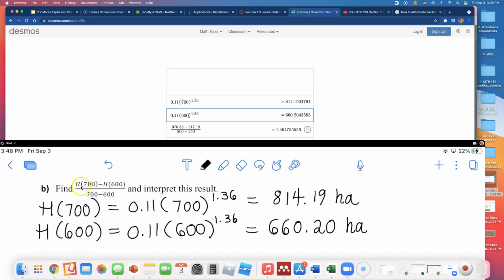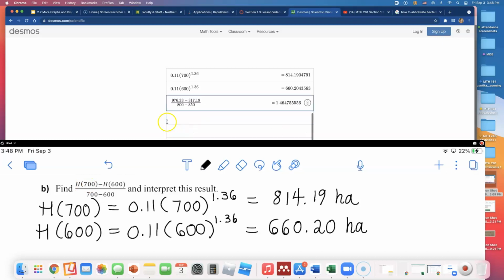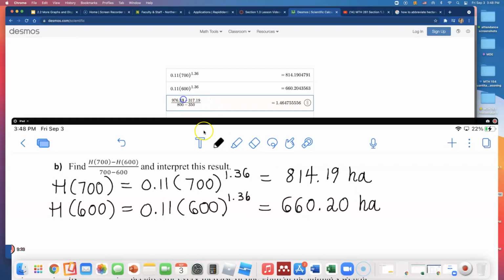They want us to find this average rate of change, so I'll find that while we have the calculator open. The numerator is 814.19 minus 660.20, and the denominator is 700 minus 600.